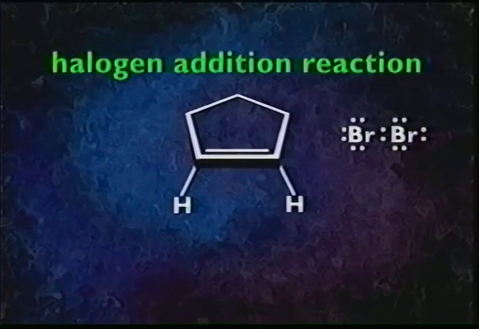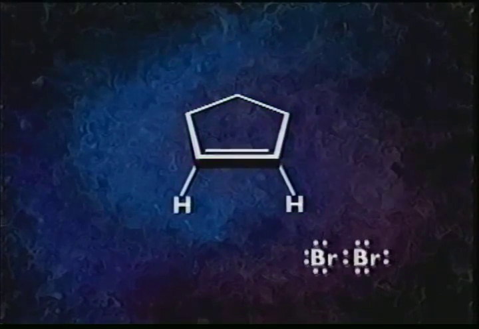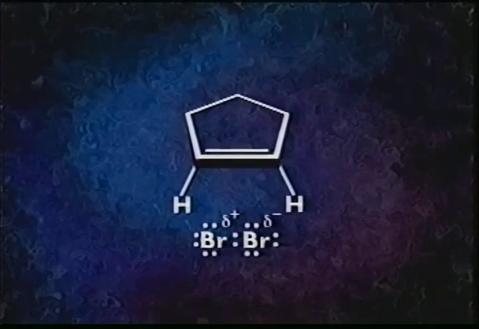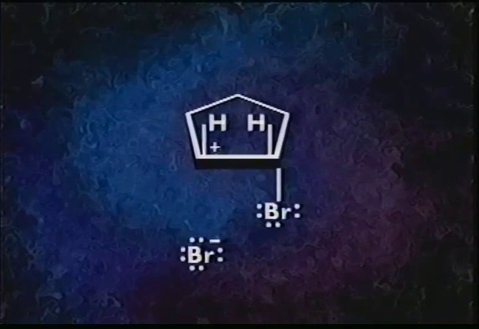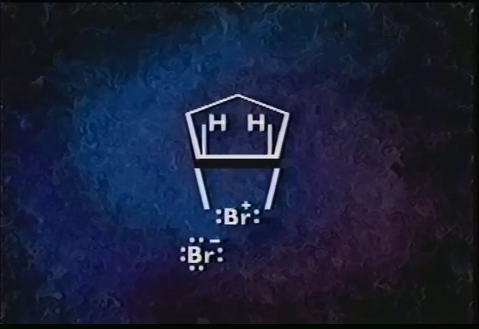In this halogen addition reaction, a halogen, Br2, is added to an alkene, cyclopentene. As the halogen approaches the alkene, it's polarized. The electrophilic bromine from the Br2 molecule adds to carbon 1 of the double bond and immediately forms another covalent bond to carbon 2.